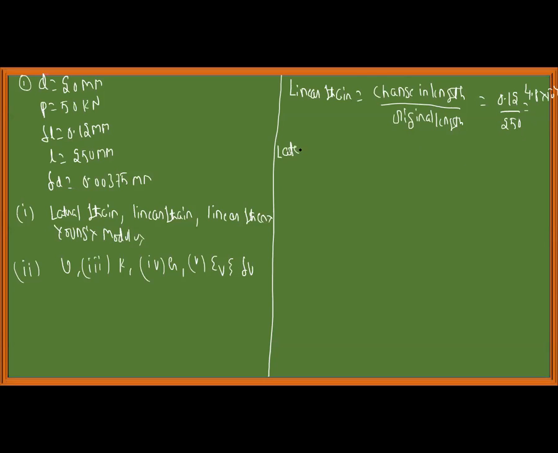Lateral strain is equal to change in diameter by original diameter, which is equal to 0.00375 by original diameter 20 mm, which is equal to 1.875 into 10 power minus 4.